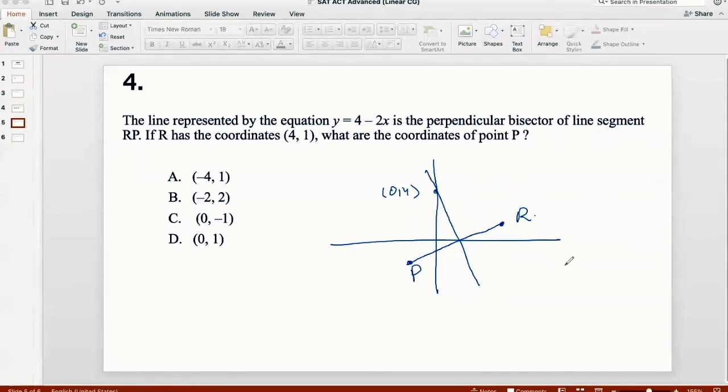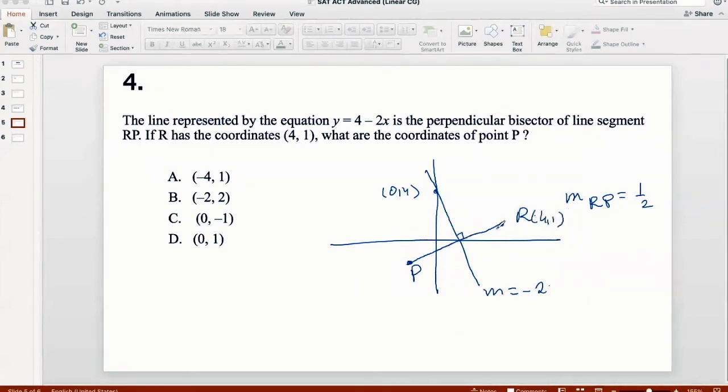So we can see a couple of things here. We know that the slope of this line is -2. So we can say that the slope of line segment RP will be 1/2 because they are perpendicular. So the slope of RP would be the negative reciprocal of the slope of this line, right? Also, I know the coordinates of R. R is (4, 1).